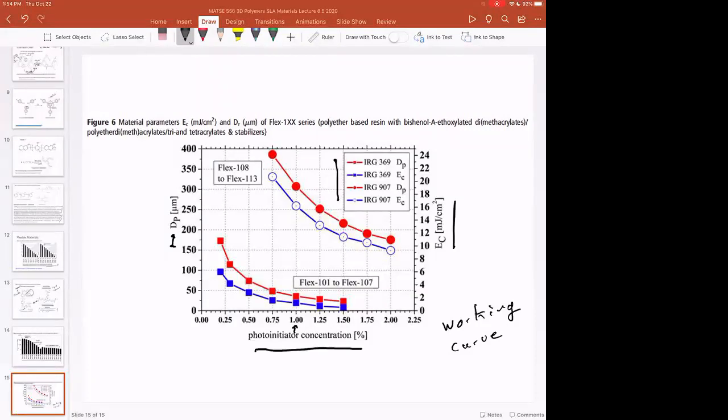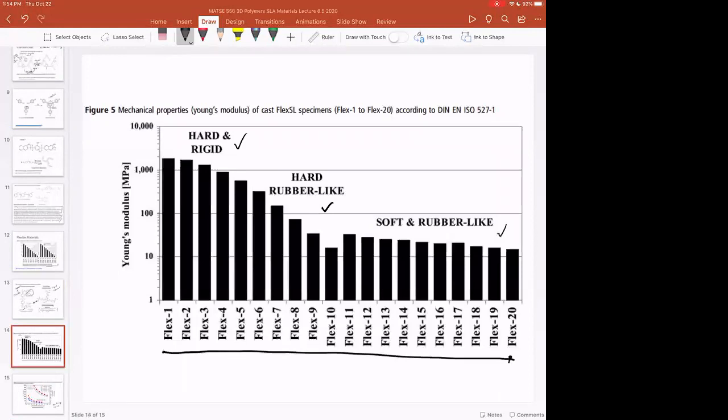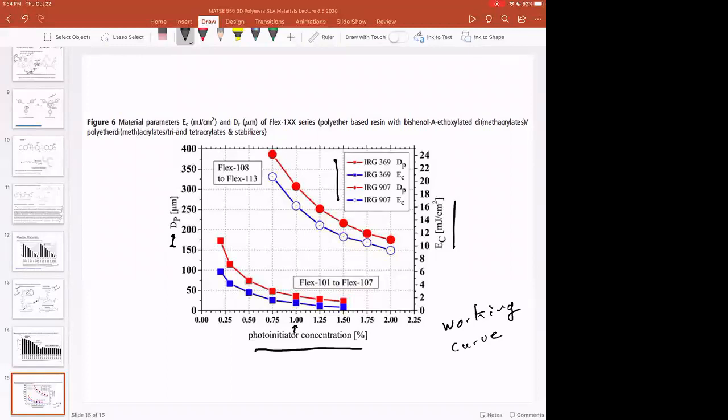But I wanted to bring this up because you'll see this as you're developing new resin recipes. So as you're looking at what the oligomer mixture is and the resulting properties, you also need to know how these different resins are going to behave in whatever printing process you have. And the working curves are really specific to specific machines. They're specific to the wavelength of laser you're using.